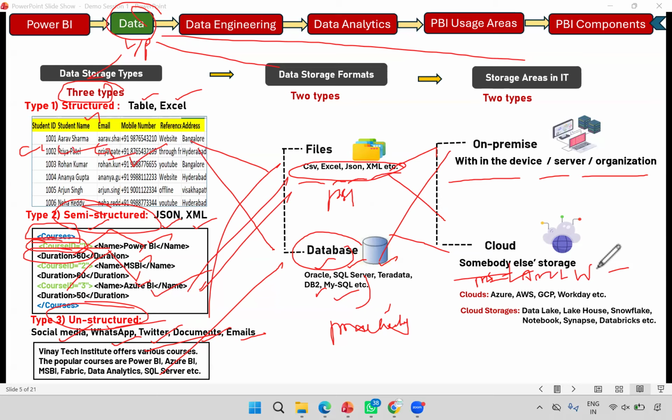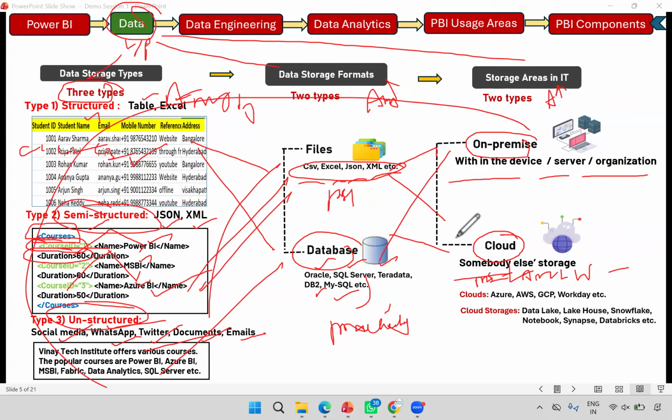And I'll show you on-premises source usage and cloud source usage in the classroom. So this is called any type, any format, any storage data. Power BI captured market interest with this only: any type of storage, any formatted data.